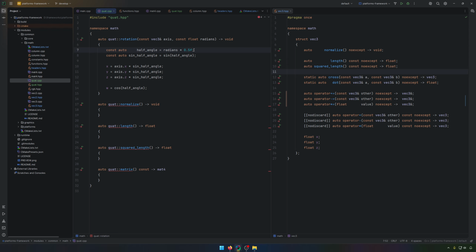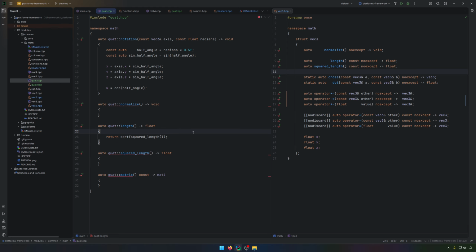I don't have an example here for the matrix rotation, but I can tell you that it's much harder to do. And from what I remember, for each axis you need to do multiple sine computations and so on. So for this it's much easier. On the length side, like I said, it will be very easy.